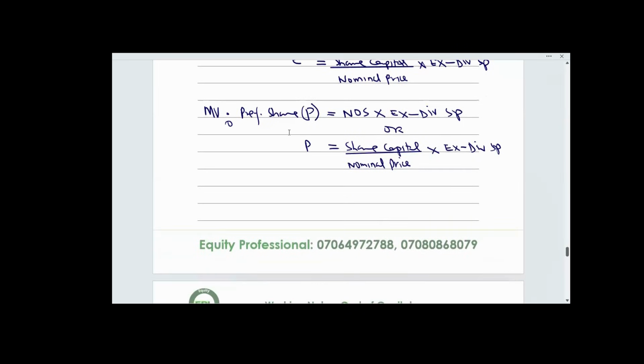Then the last one, market value of debt, denoted as D, is computed as the nominal value multiplied by XD interest price over 100 naira.